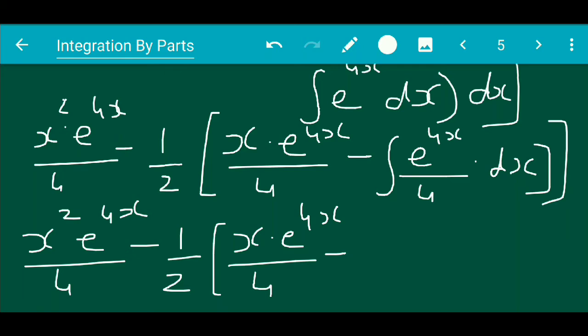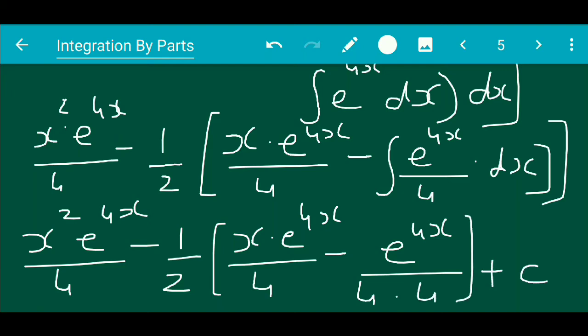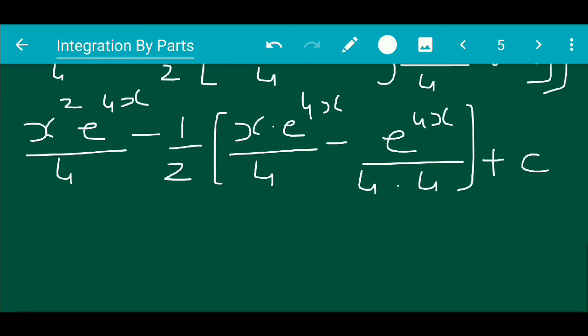And in the integral sign now it becomes this way, e raised to 4x upon 4 is already there into 4 upon solving the integral. Now we can put plus c because we have solved the integral over here. Now this is actually our answer, but we can simplify it even further by opening the bracket.